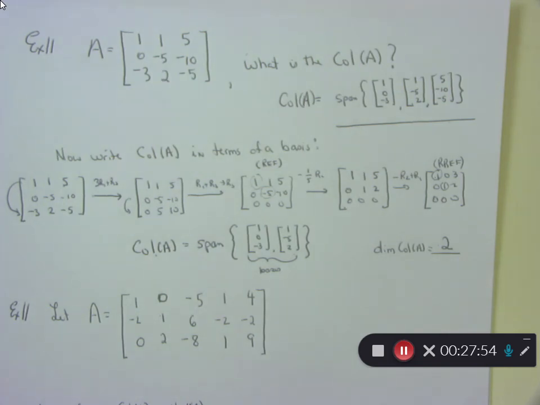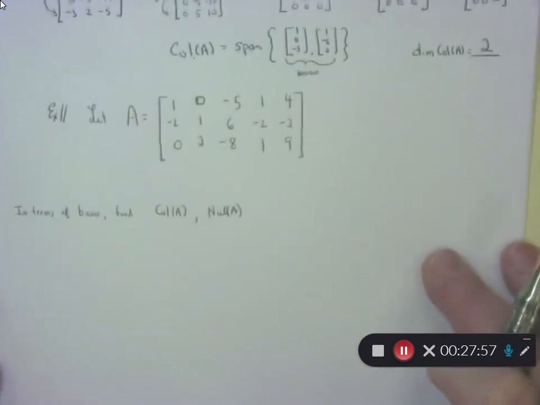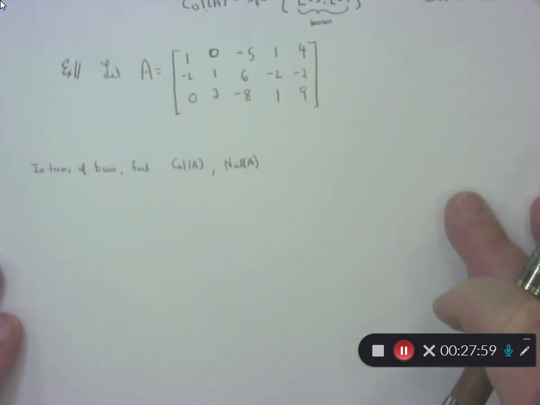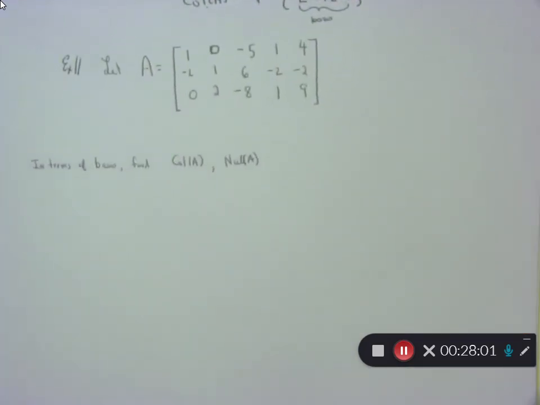So, here we go. Let's look at this guy here. Let's let matrix A be 1, 0, -5, 1, 4, -2, 1, 6, -2, -2, 0, 2, -8, 1, 9. What size matrix is this guy?